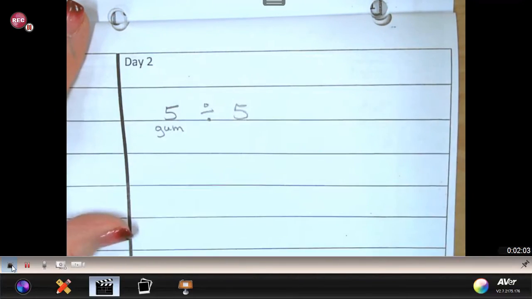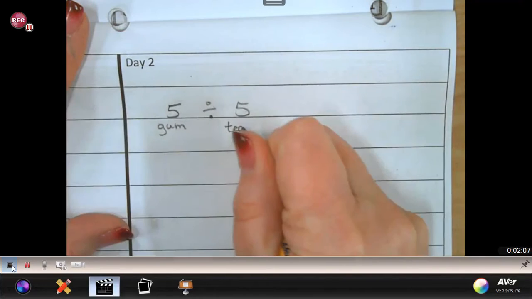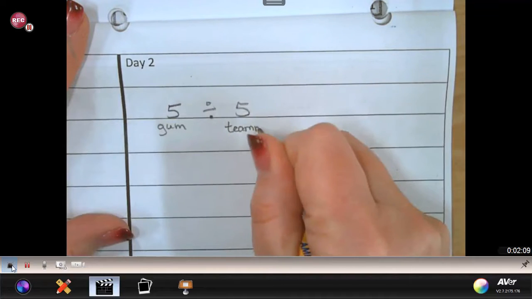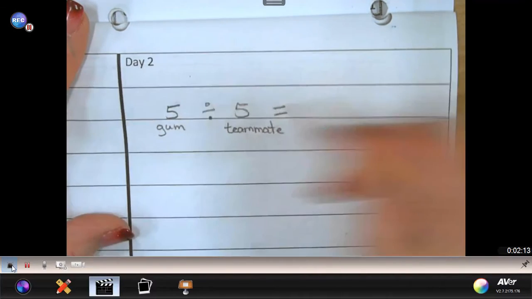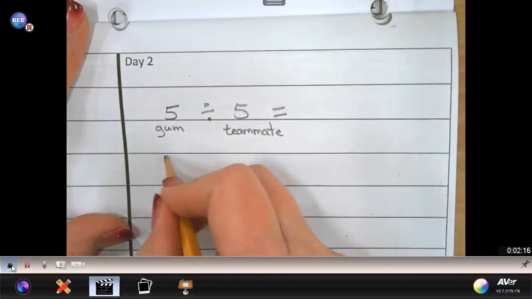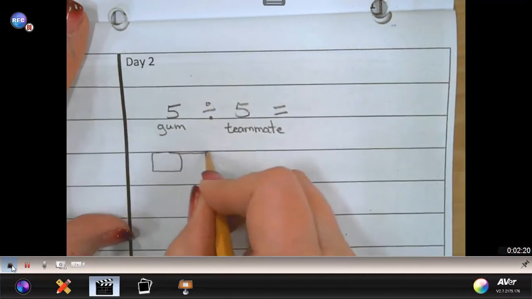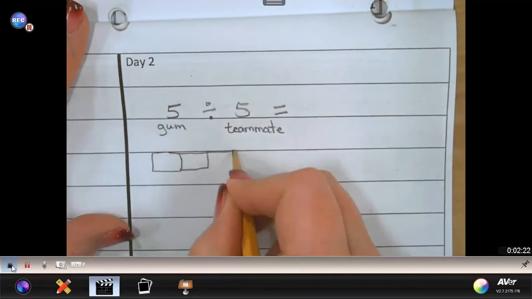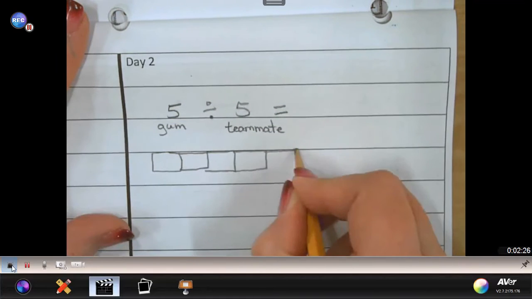Now your teammates are your groups. Each person is your teammate or the group. So there's going to be 5 groups. So I can demonstrate this using a bar diagram. So there's 1 teammate, 2, 3, 4, and 5.